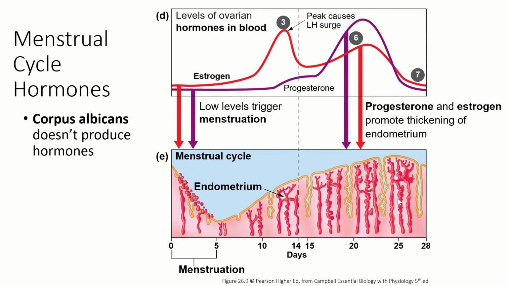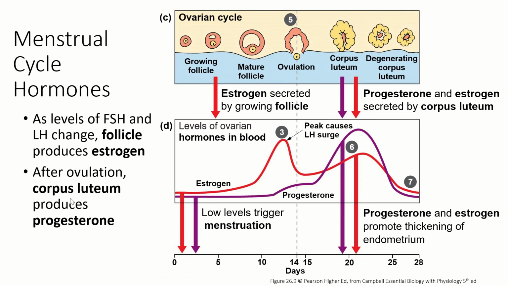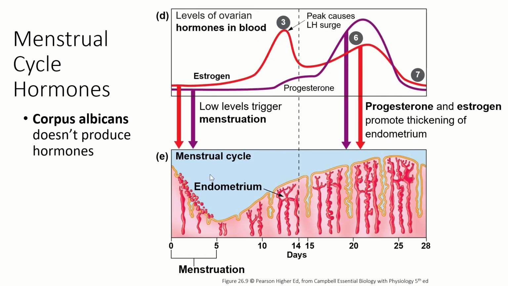So this is the corpus luteum producing progesterone as it's created. All right, so this then shows the thickness of the endometrium. So during menstruation, the levels of estrogen and progesterone are both low. Not during ovulation, during menstruation. So from day 1 of the cycle through, on average, day 5.